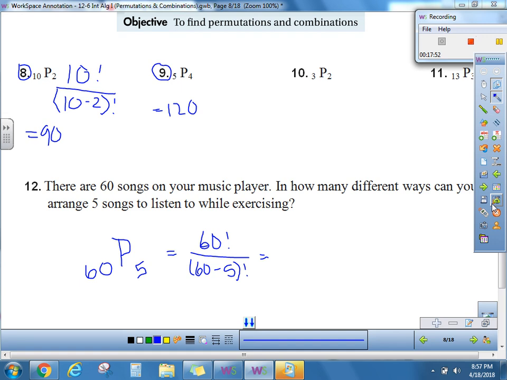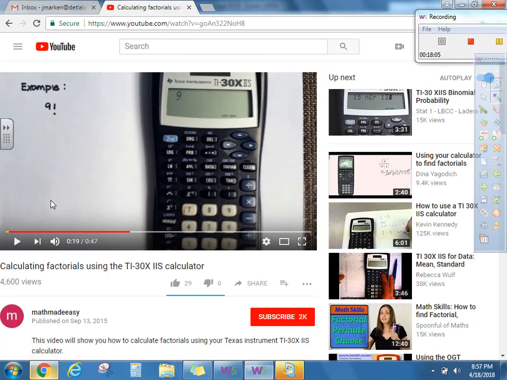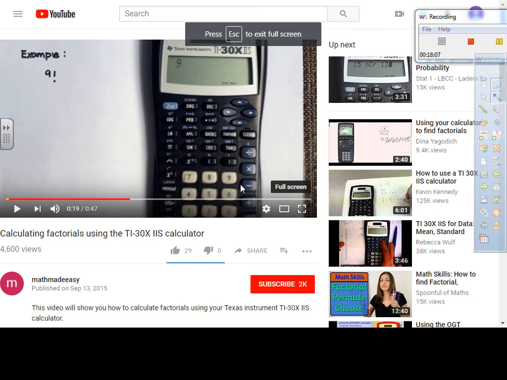So I'm going to walk you through that shortcut on your graphing calculator. I don't know how this is going to work, but I found a video. If it doesn't work out, I'll make sure I attach it and email it to you. So here we go. She's going to walk you through how to do that, and I'll kind of narrate over top of what she's saying.